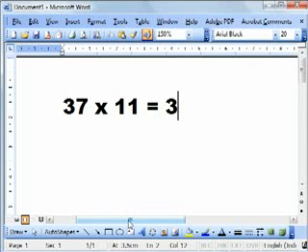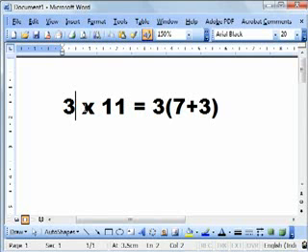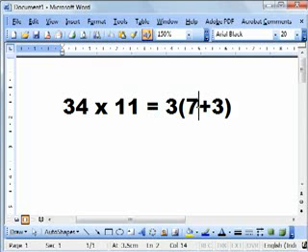So you have to write the first number, and the second number will be 3 plus 4, and the last number will be 4.